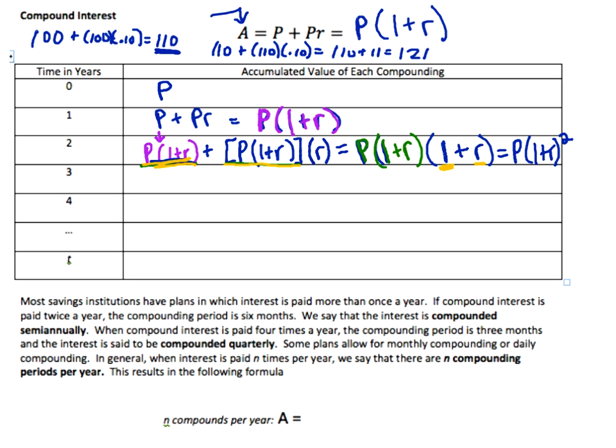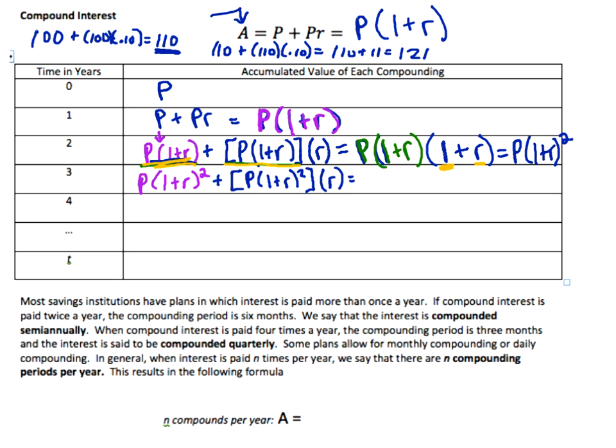I'll write my new principal in pink again. P times 1 plus R squared is my new principal. And then I have to add on the interest. So that is my principal, P times 1 plus R squared, times my rate, R.